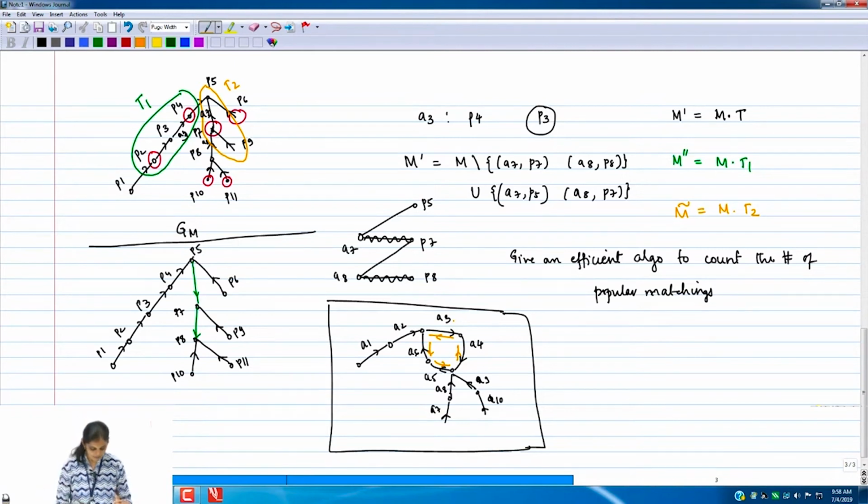So take any applicant. What if it is an F post? Yeah, so you should ask, what if it is an F post like this, that is P10, the applicant matched to P10, can it be switched?